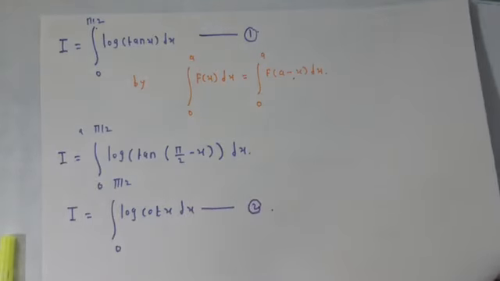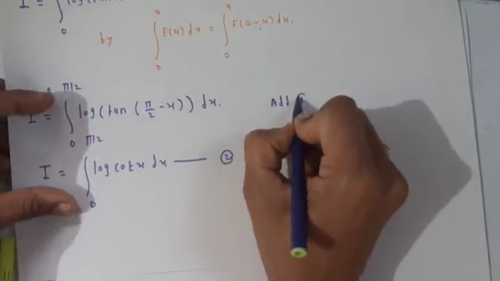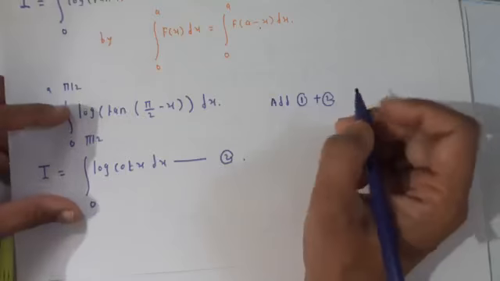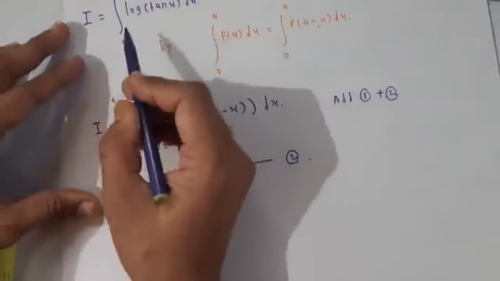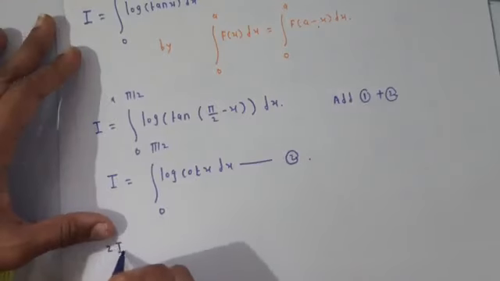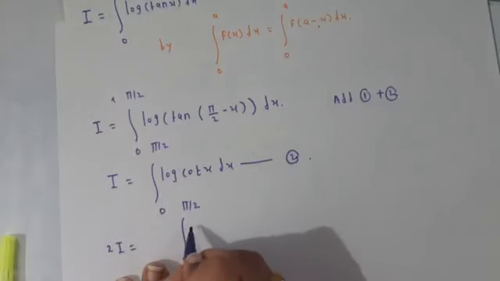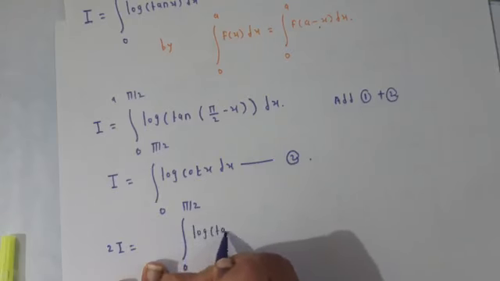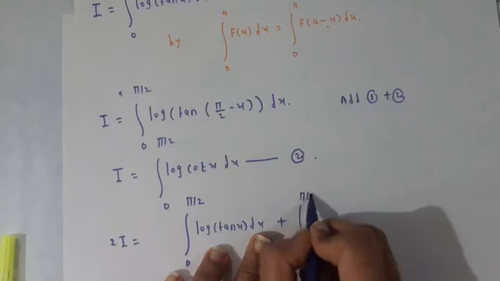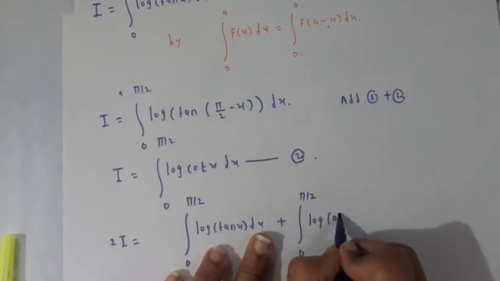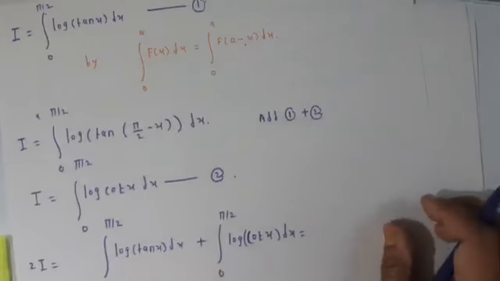Now add 1 and 2, we will get I plus I, that is 2I, equal to integration 0 to pi by 2 log of tan of x with respect to x, plus 0 to pi by 2 log of cot of x with respect to x.